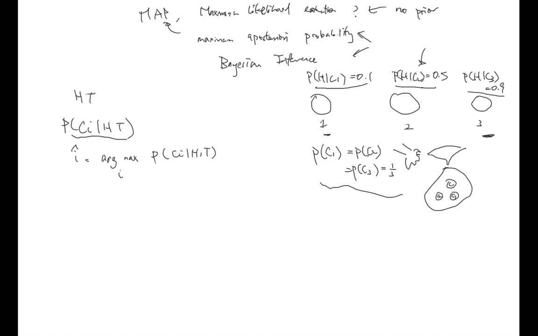Maybe let's see, you could compare one of them again. Maybe just PC2 given HT here. What's the value for that?